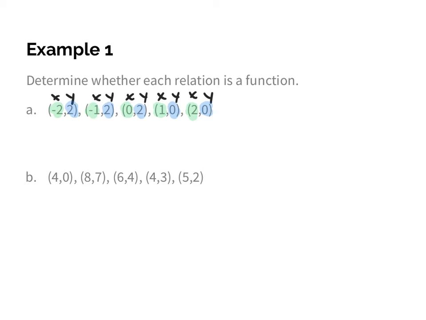Well, when I look at it in terms of ordered pairs, what I want to see is that I don't have any repeating inputs. So notice that my inputs, -2, -1, 0, 1, and 2, do any of those numbers repeat? And here the answer is no, none of them repeat. Okay, now you'll notice that all the outputs repeat, but that's okay. What I'm looking for is that the inputs should not repeat. So since they don't repeat, this one would be a function.